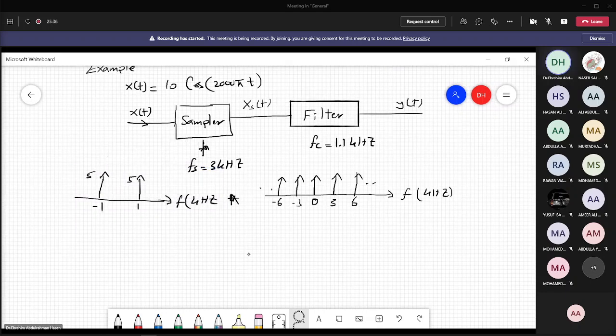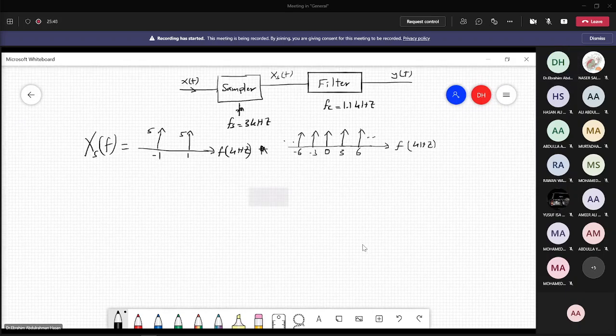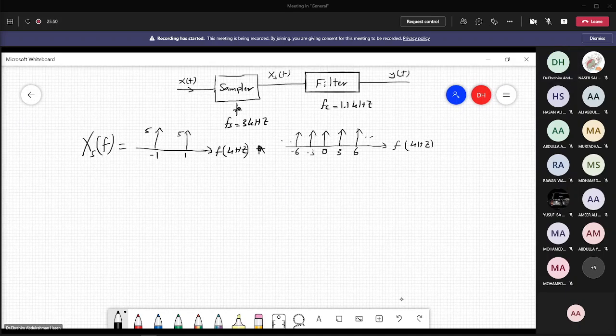This is my x. Xs of f is equal to the convolution of these two. What do we get? So this is f.